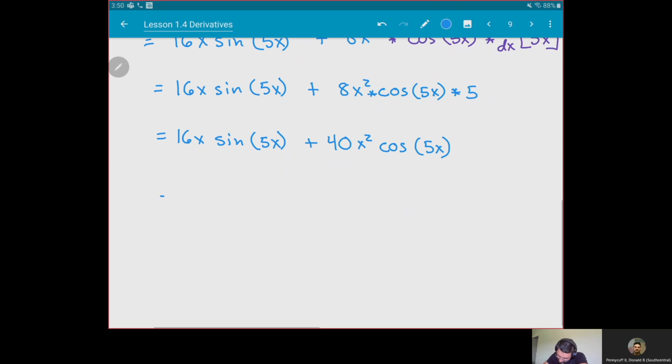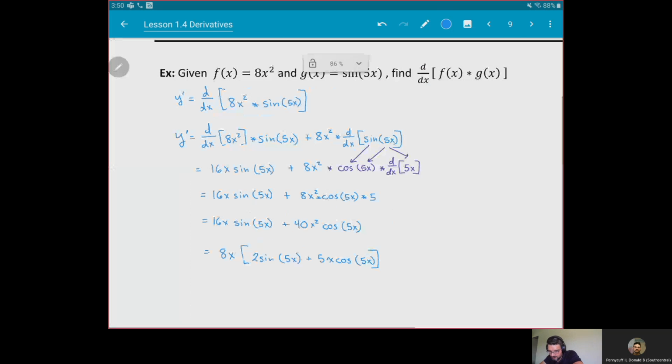And if we factor, each piece has an 8 and an x that we can bring out. And there's our final answer. Just one piece at a time.